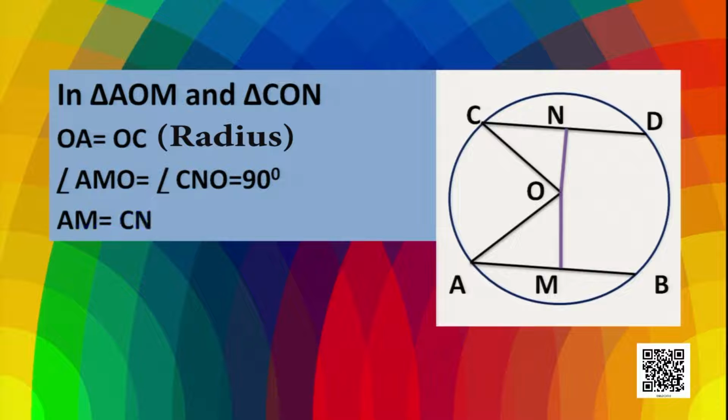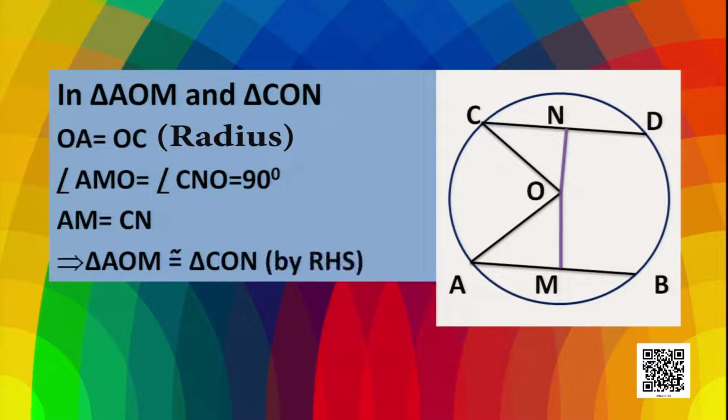Now AM is equal to CN. Why? Because AB is equal to CD, so their halves AM and CN are equal. As we have right angle, and OA, OC are hypotenuses, and AM and CN are sides, we can have the congruency of triangle AOM and CON by RHS congruency.